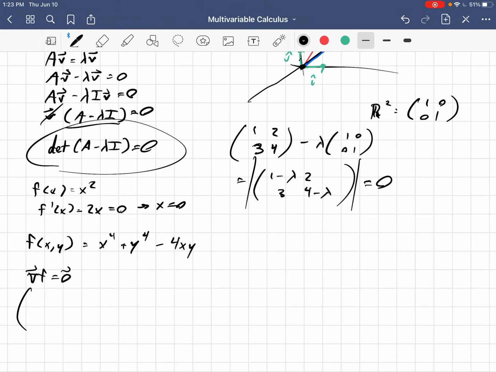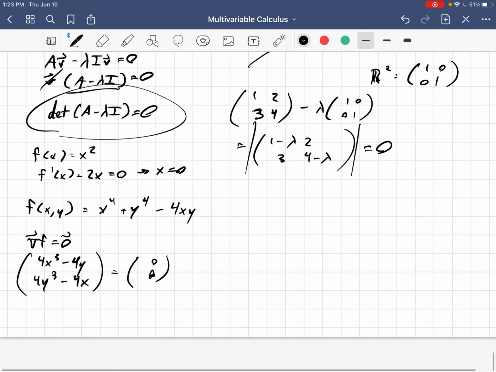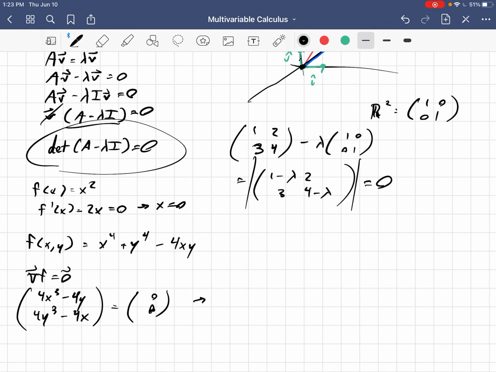The partial of f with respect to x is 4x cubed minus 4y. The partial with respect to y is 4y cubed minus 4x. We set that equal to the zero vector in R2, and we get 4x cubed equals 4y, in other words x cubed equals y, and y cubed equals x.